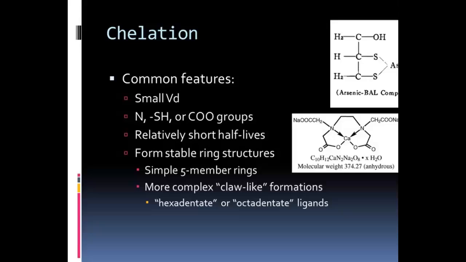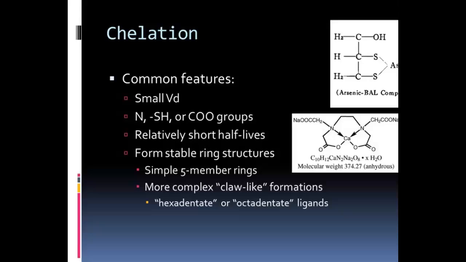It is not to decrease the total body burden of a particular metal. It's not particularly good at that. What it's really good at is decreasing blood concentrations, and doing so rather quickly. These all have relatively short half-lives, and they form stable ring structures.